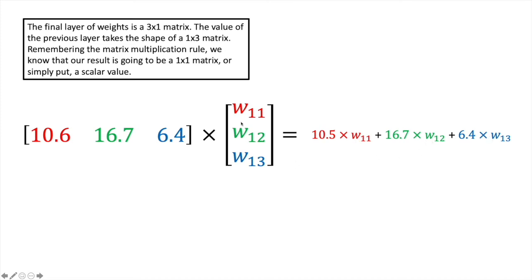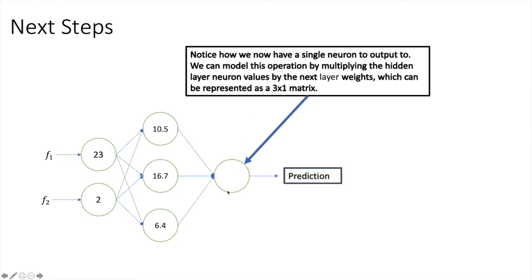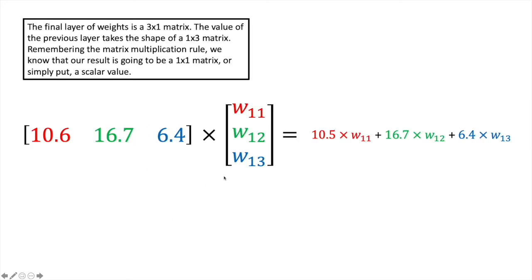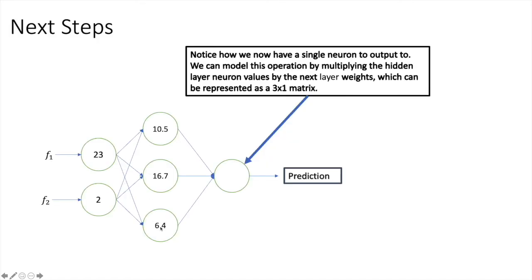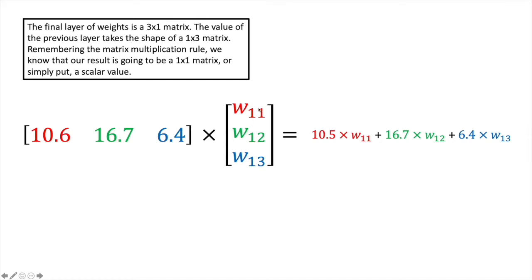Now I want you to look at the subscript of each of these weights. They all have the first subscript of 1. This is because we only have 1 neuron in this layer. And they have subscripts ranging from 1 to 3 in the second index. That's because we have 3 neurons in the previous layer. So each of these subscripts denote the origin of the weight that they represent.